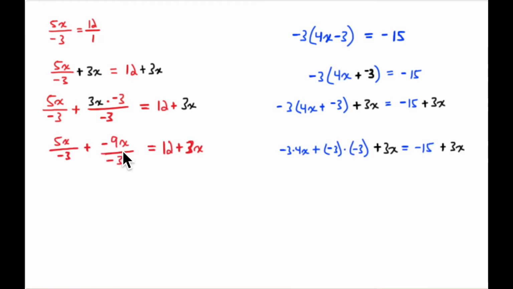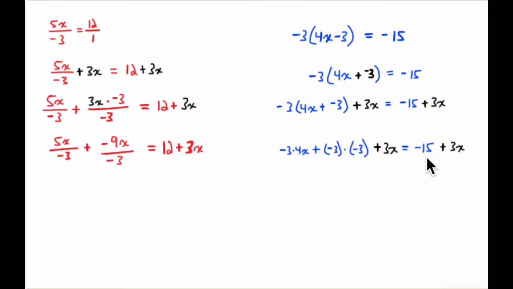This becomes a negative 9x. Negative 3 times 3x is a negative 9x, and this is over a negative 3. So these two terms now have the same denominator, so I can add them together. Here's the 12 plus 3x, and on this side, I use the distributive property, so this is a negative 3 times 4x plus a negative 3 times negative 3.